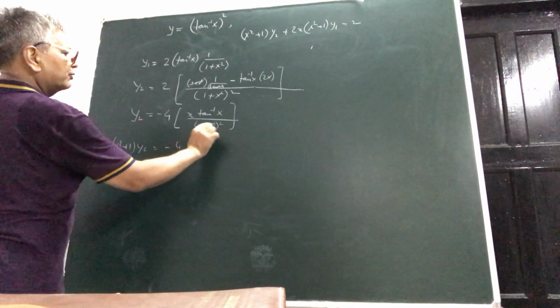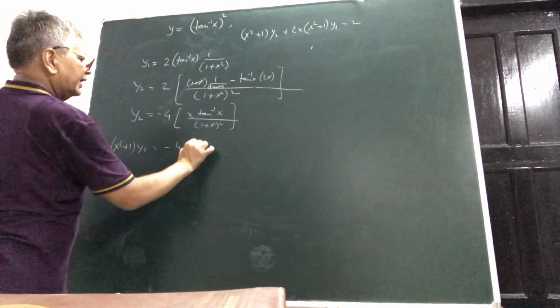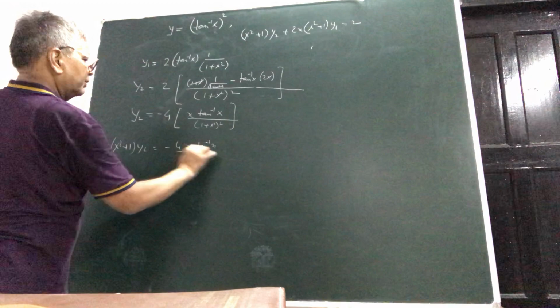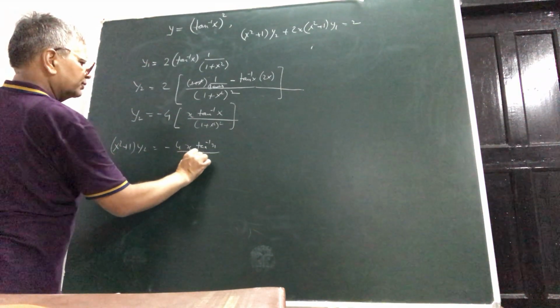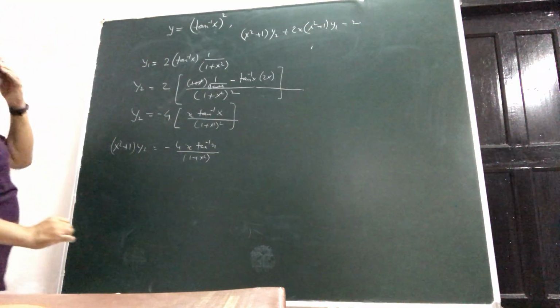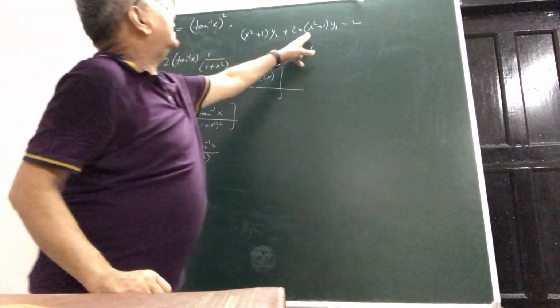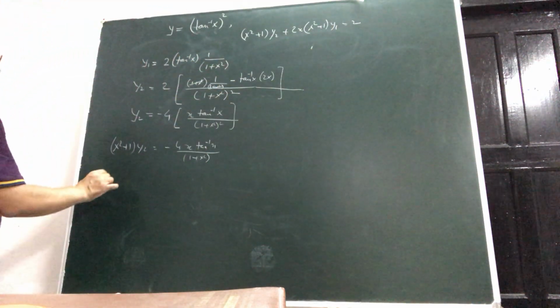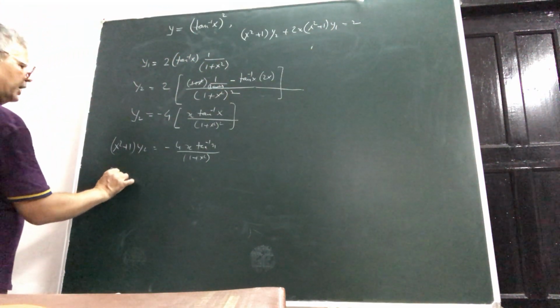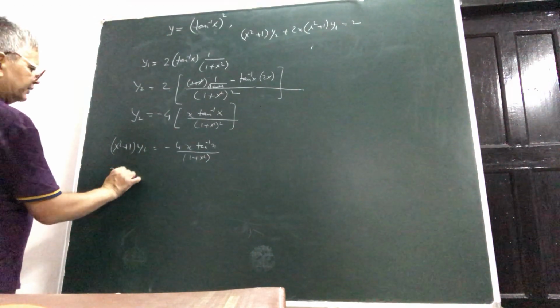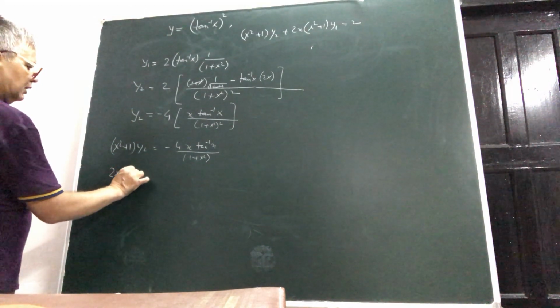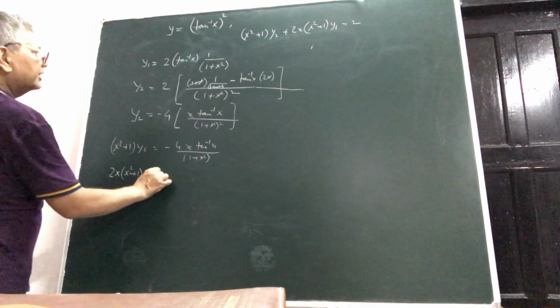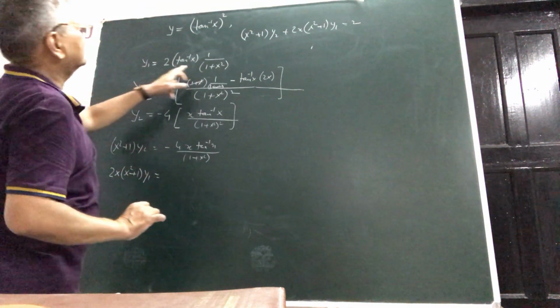Minus 4x tan inverse x upon 1 plus x square. Okay, and then this 2x (x square plus 1) y1. What will it be giving me? y1 is this thing.